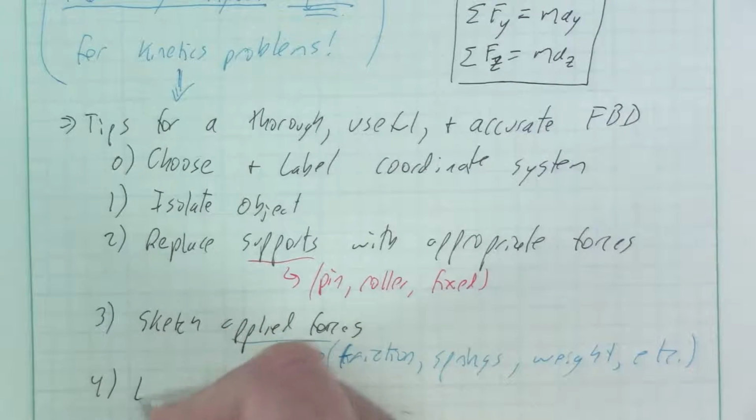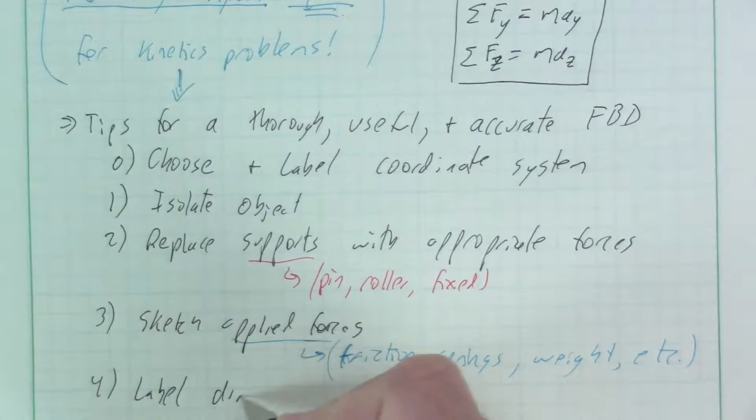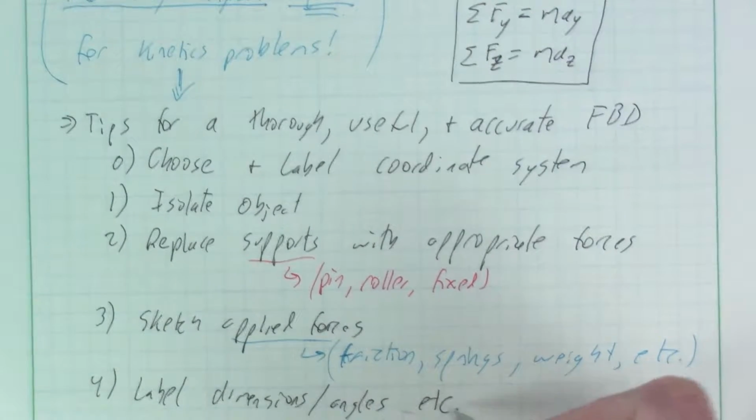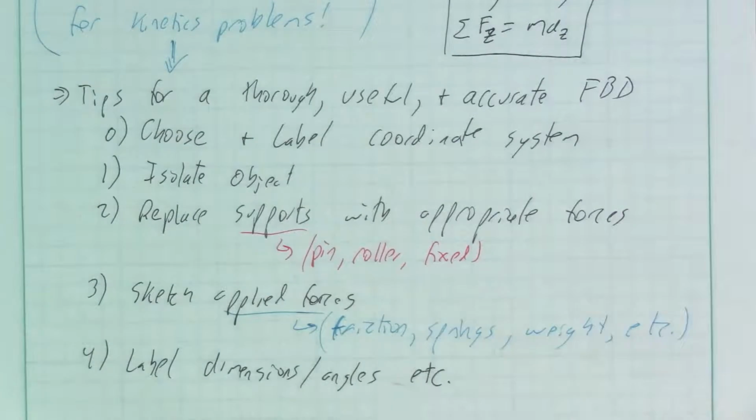And then make sure on our free body diagram we're labeling the dimensions and the angles that we have known and anything else that's going to help us, the geometry we require there, right? Maybe we don't need to put in the acceleration and velocity, but by putting in lengths, and especially angles, they're going to help us determine the components of a force from its true vector nature. Okay, so let's jump into the first example here.